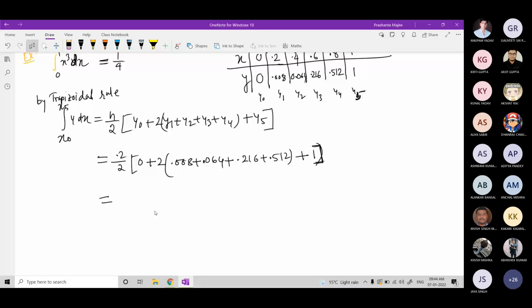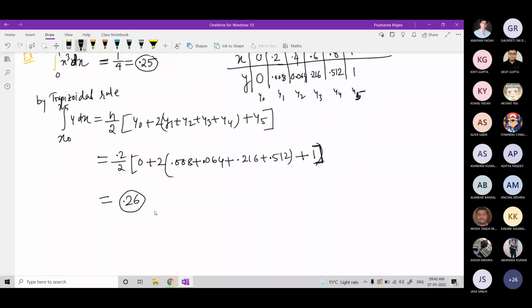It should be integrable. So there should be definite integration and it should be integrable. 0.26. So you see 0.26 and exact answer was 0.25. So you see only after taking 6 data points you have obtained a reasonable answer. Is it okay?